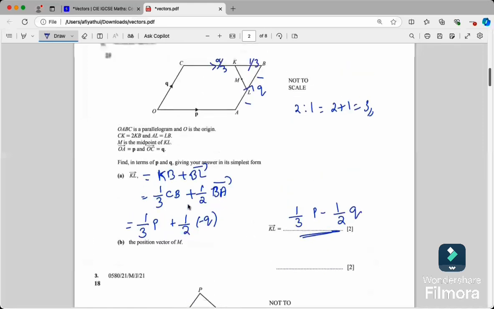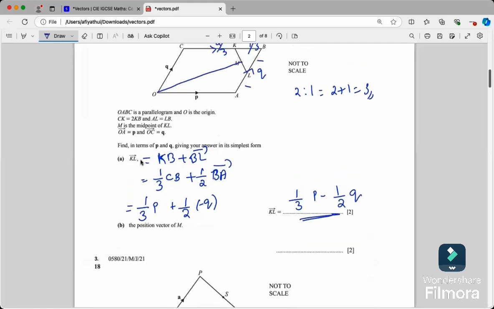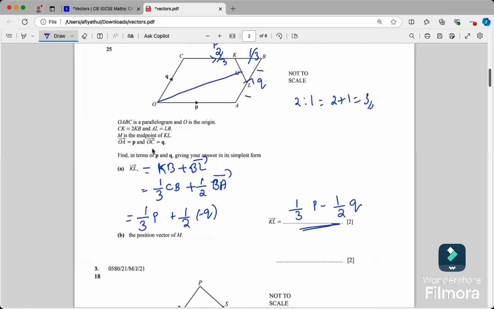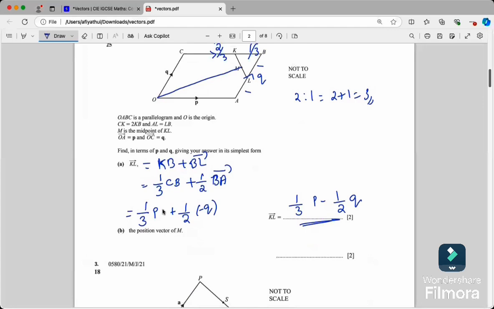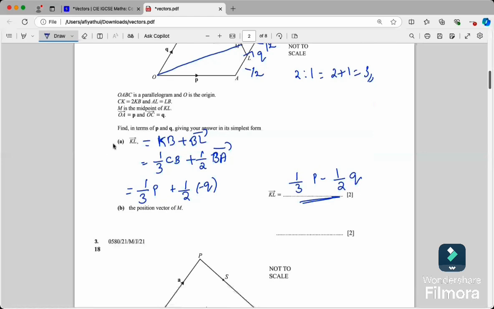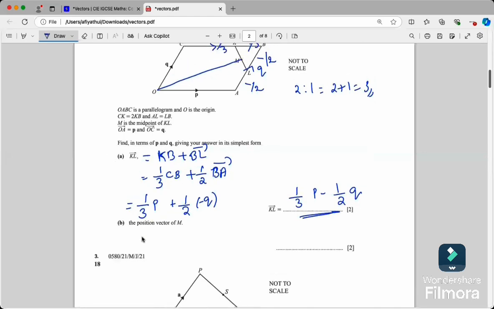The position vector of M. Whenever there is a question of position vector, it should start from the origin to that letter M. So how can you reach from O to M? Since we know that M is the midpoint of the KL, we can just reach from O to M. So if you look at the position vector of M, how you can go?